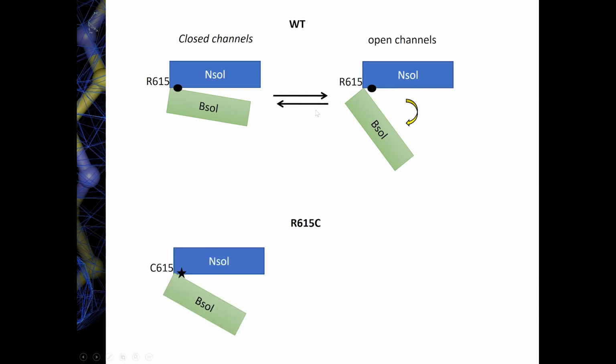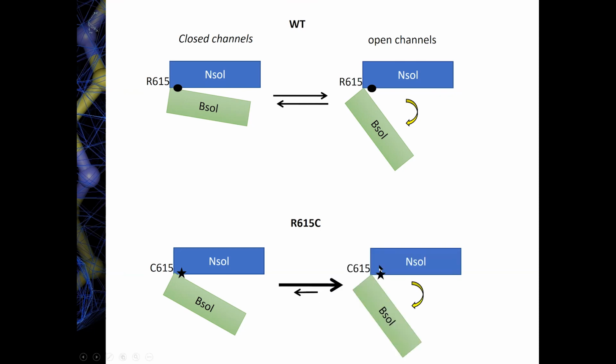But if you now have this hinge point broken, if you introduce a cysteine in here, two things happen. One thing that happens is that there already is a change in the tilt angle between these two solenoid regions. It's actually already increased. For a channel to open, it needs to increase more, but this seems to be facilitated because now there's less energy required to break the interactions mediated by residue 615.